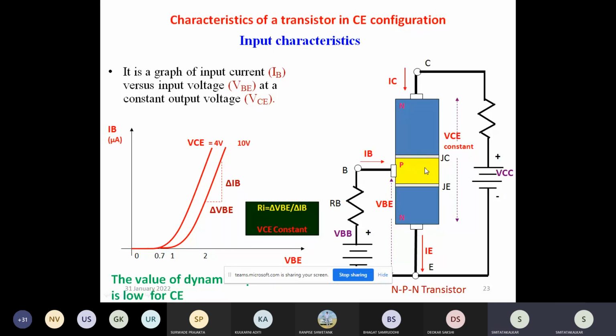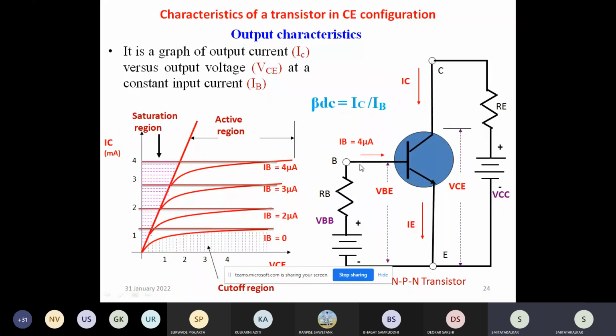In the P region a negative charge is created, and in the N region a positive charge is created. That's why as the voltage increases, the current also increases on the input side.